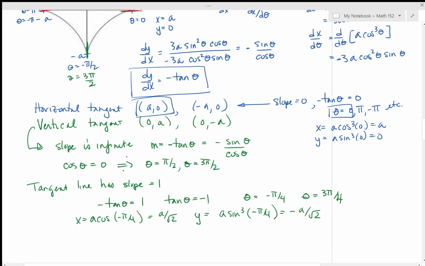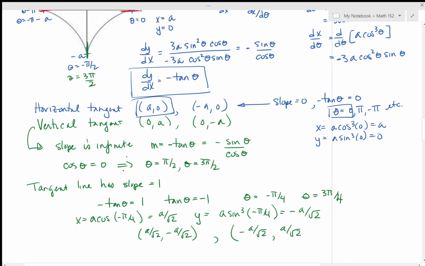So the coordinates of the point where the tangent has a slope of 1 are these coordinates right here: a over root 2, minus a over root 2. Similarly with the other point I identified, I get minus a over root 2 and a over root 2.